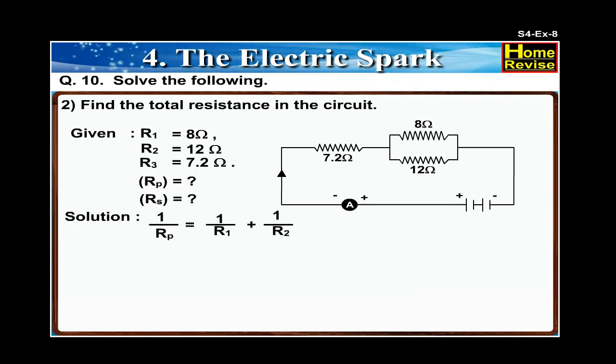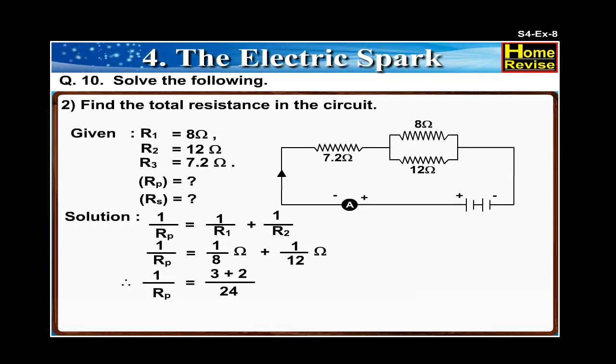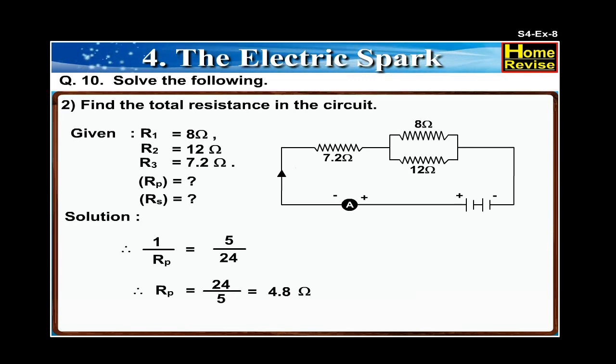First, 1 upon Rp is equal to 1 upon R1 plus 1 upon R2. 1 upon Rp is equal to 1 upon 8 ohms plus 1 upon 12 ohms. 1 upon Rp is equal to 3 plus 2 upon 24. 1 upon Rp is equal to 5 upon 24. So, Rp is equal to 24 upon 5, which equals 4.8 ohms.